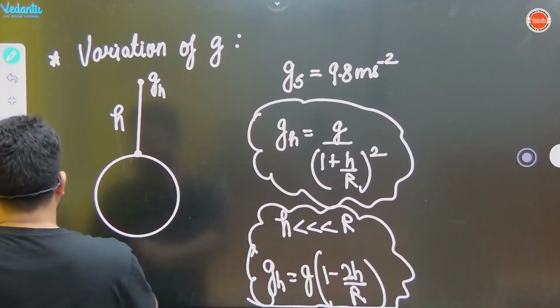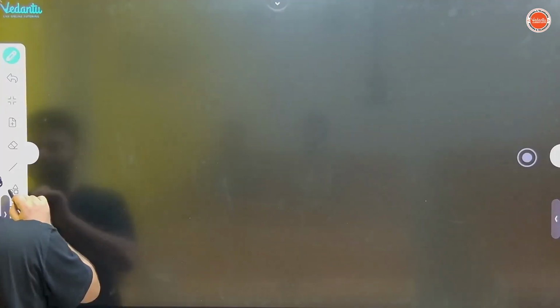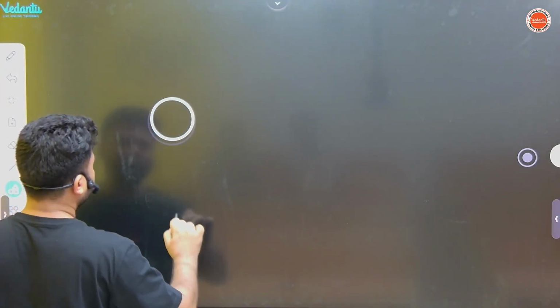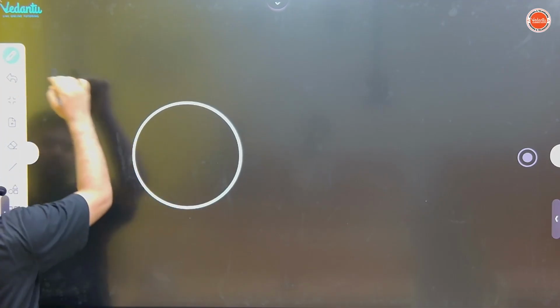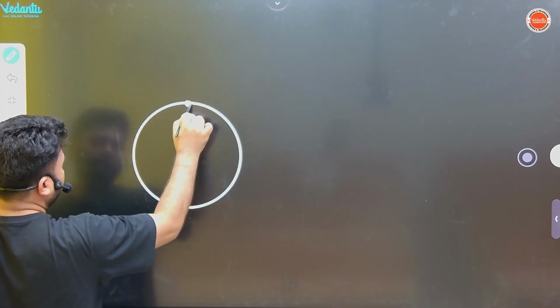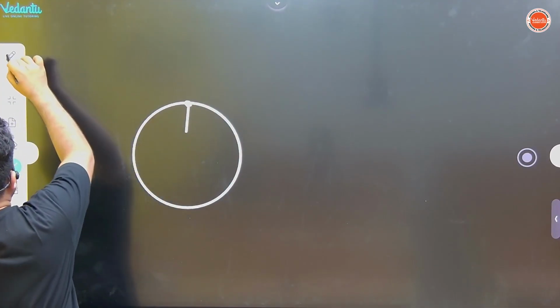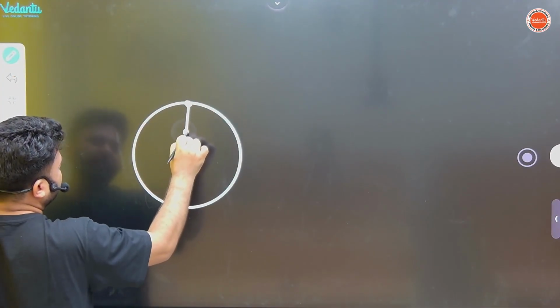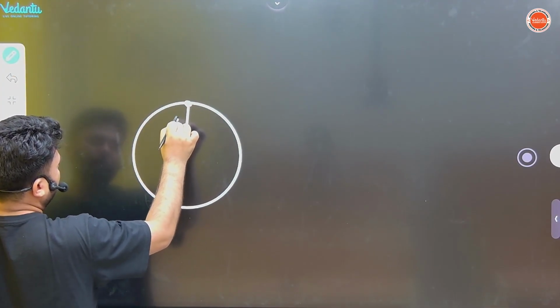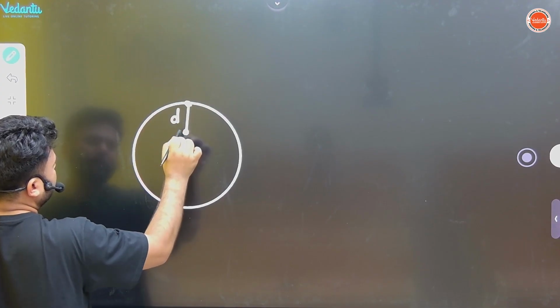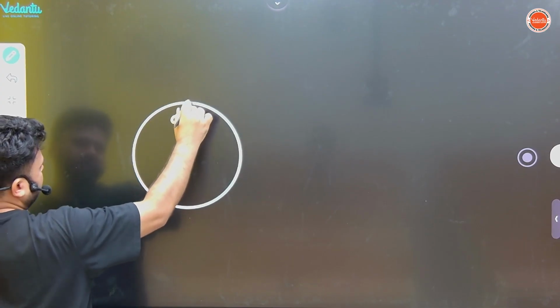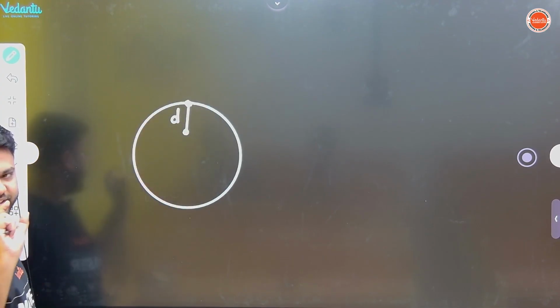Similarly, if you go down from the surface of the earth, suppose to a depth d, at this point they ask, what is g? You are going to a depth d. Here, from the surface of the earth, you are going down how much? d distance.